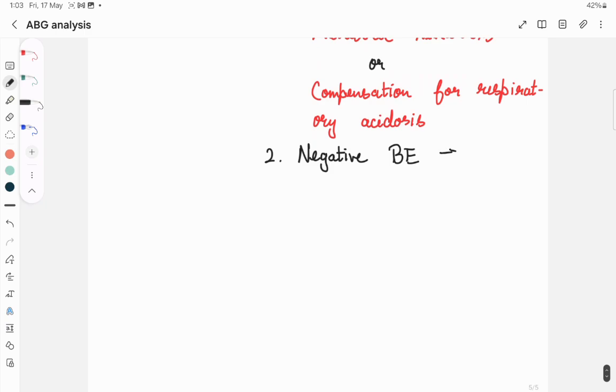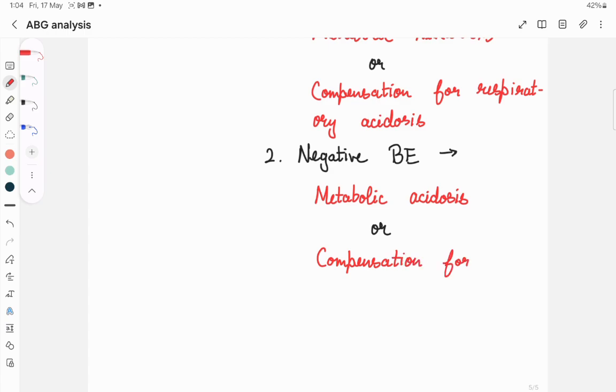Negative base excess means metabolic acidosis, or compensation for respiratory alkalosis.